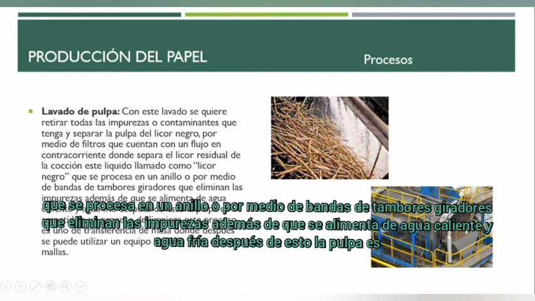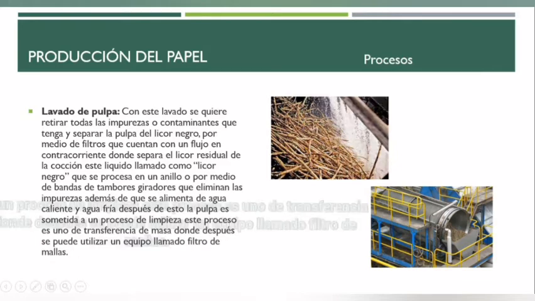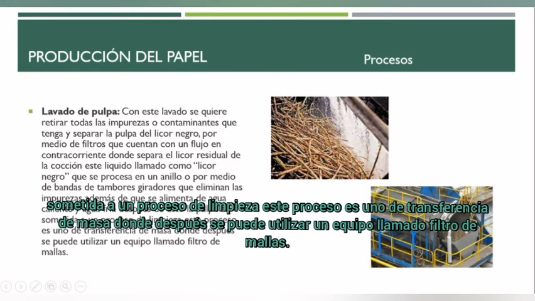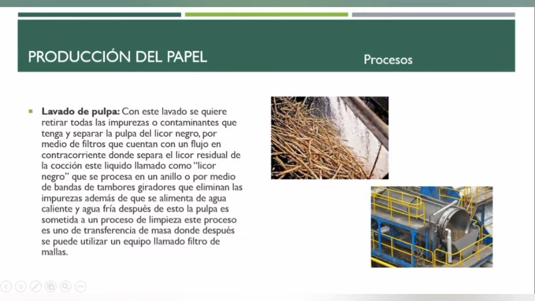This liquid, called black liquor, is processed by means of rotating drums. Once impurities are removed, hot water or cold water is fed in. After this, the pulp is subject to a cleaning process. This process is one of mass transfer, where afterwards you can use a base called a mesh filter.